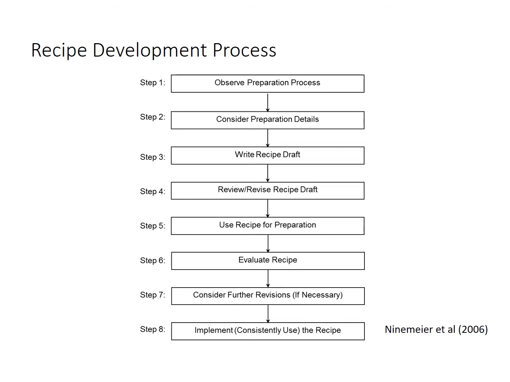Step 6, evaluate the recipe. Step 7, consider further revisions if necessary. And Step 8, implement consistency and use the recipe. So this is the recipe development process from steps 1 to 8, as a possible suggestion that you may want to implement within your kitchen.